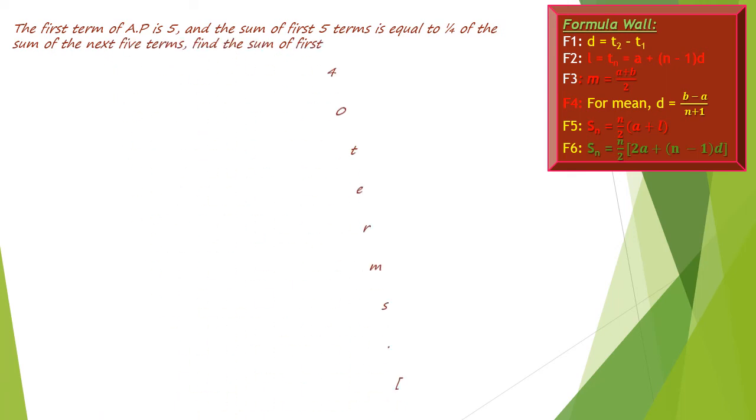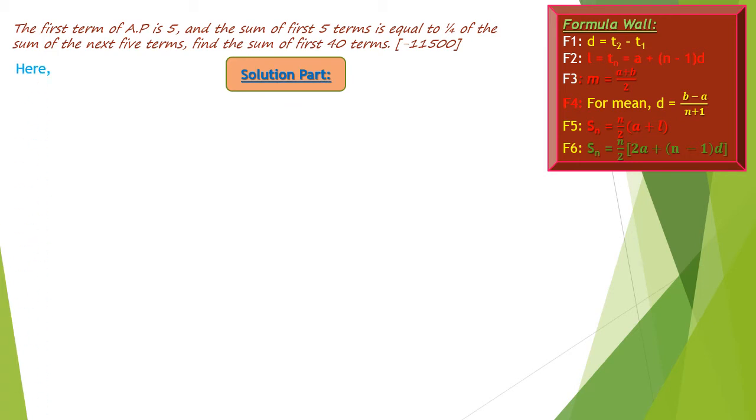The question, we need our question once again. So the solution part for the first 5 terms. First term a equal to 5. We know the formula we are going to use.